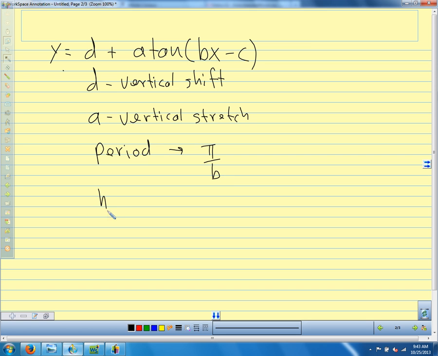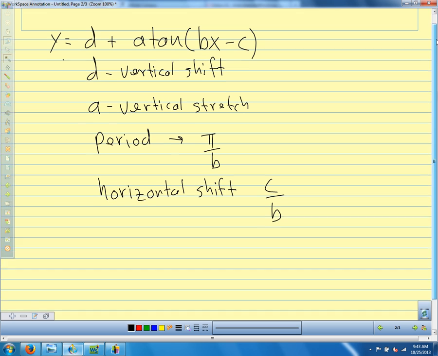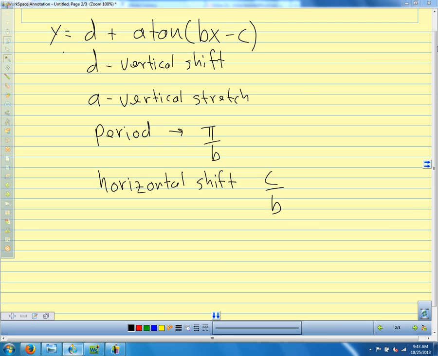And then our horizontal shift: we need to factor out this b just like we did when we graphed sines and cosines. Our horizontal shift is going to be c over b when I factor that b out. So those are all the things we can do to this function.